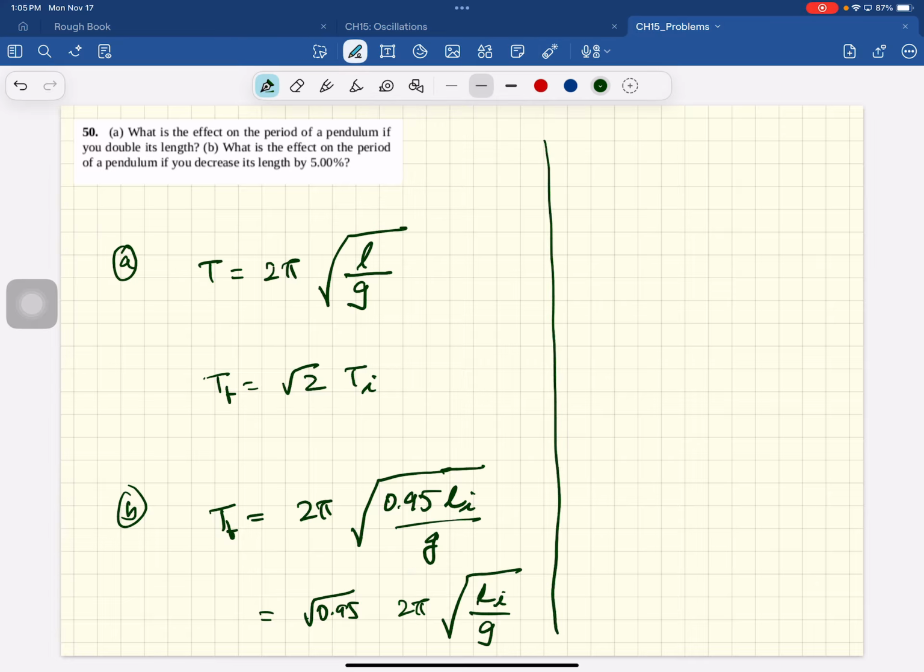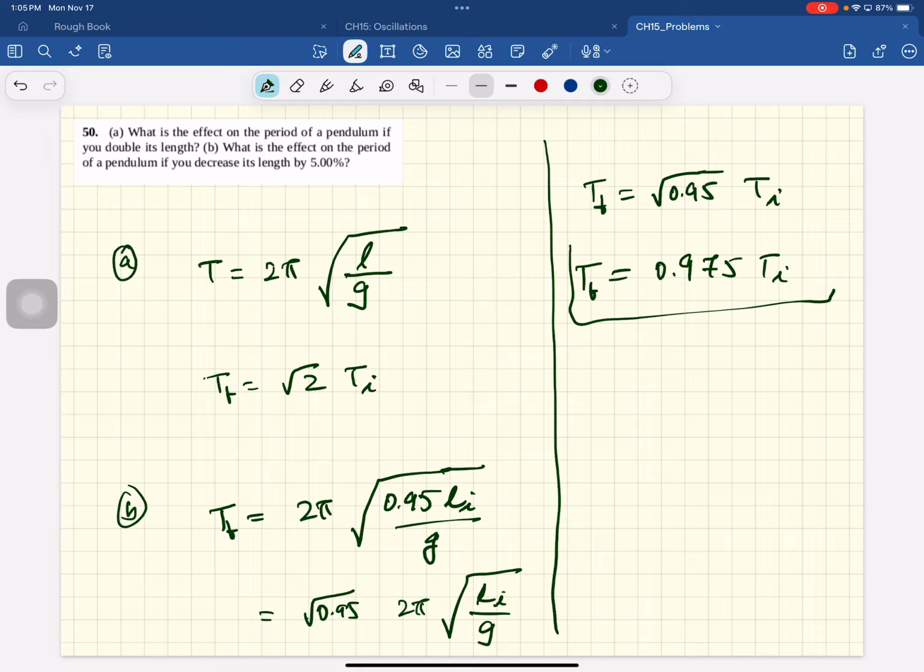So the final period will be the initial period times the square root of 0.95. Okay, so the period decreases by 2.5%.